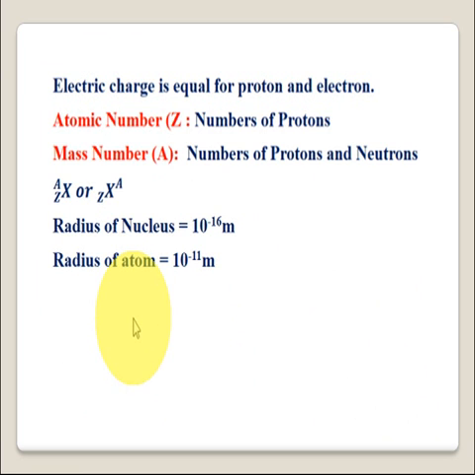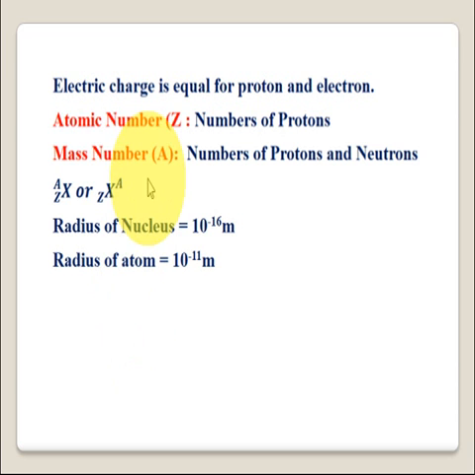The number of protons present in an element is called the atomic number, and the sum of protons and neutrons in an atom is called the mass number.